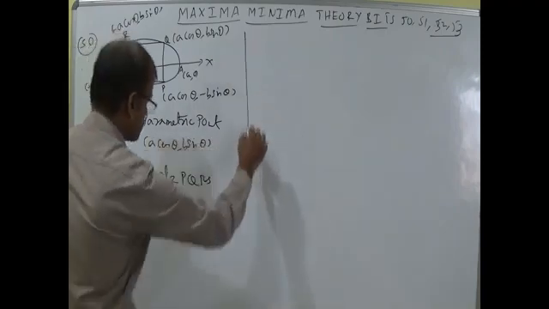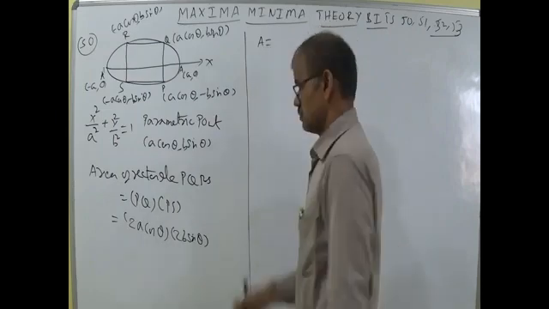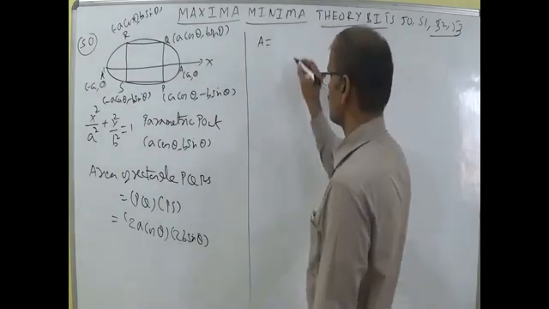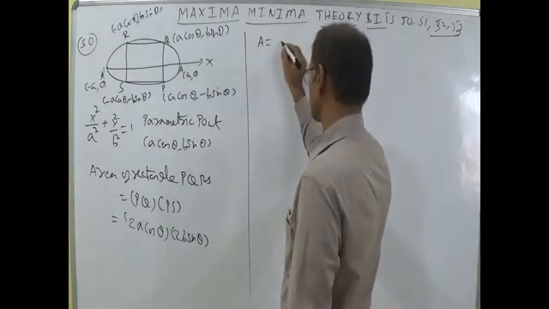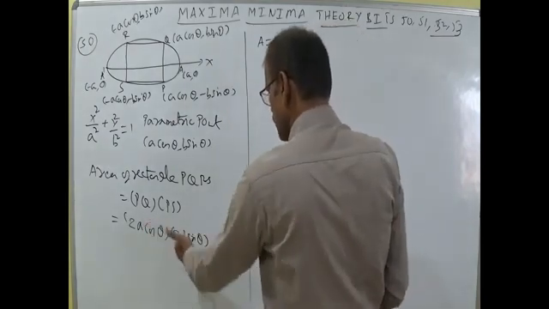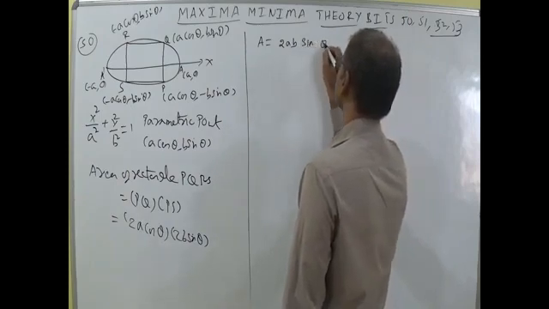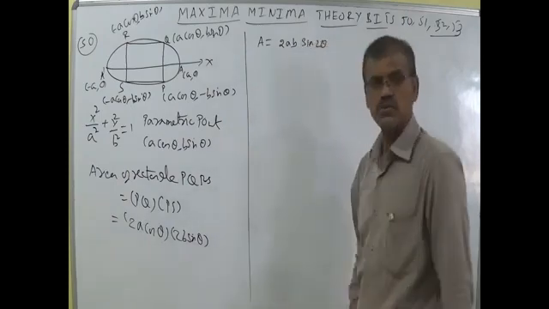Now the area, indicated with the letter A, is 2a times 2b sin theta cos theta, which can be written as 2ab sin 2 theta.